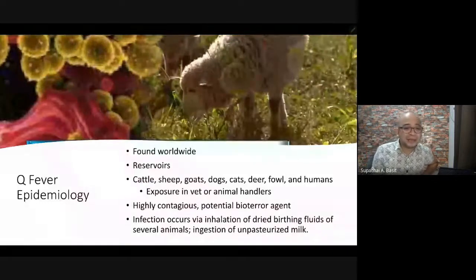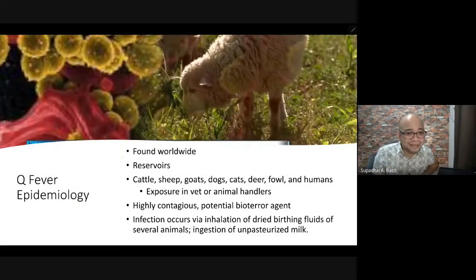So Q fever is found worldwide. Okay, they are found worldwide. And the reservoir are cattle, sheep, goats, dogs, cats, deer, fowl, and even humans. So what predisposes us to Q fever is the exposure, okay, in veterinary or animal handlers, veterinary clinic or animal handlers.